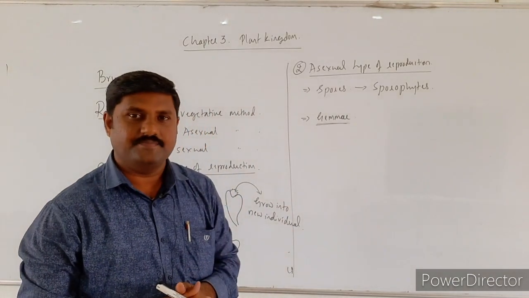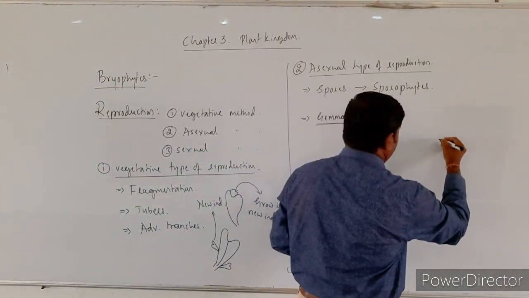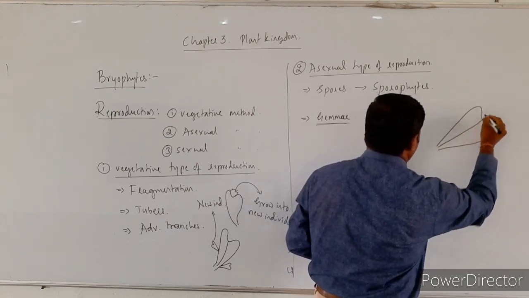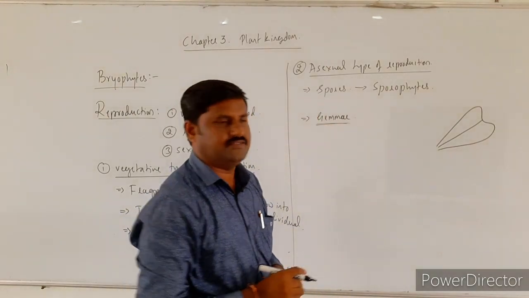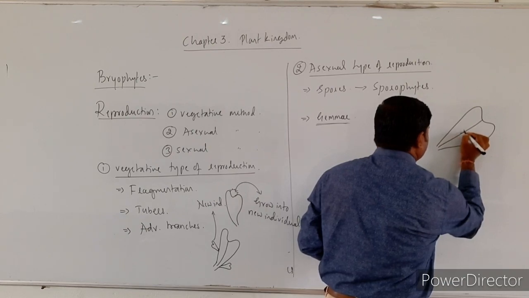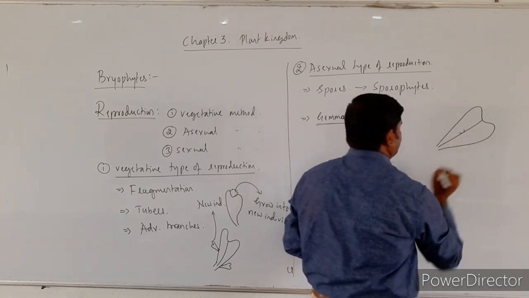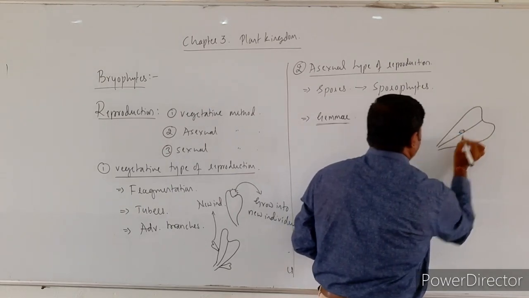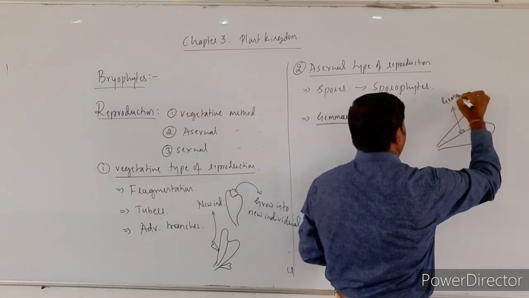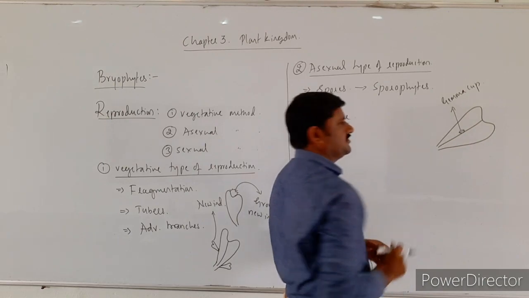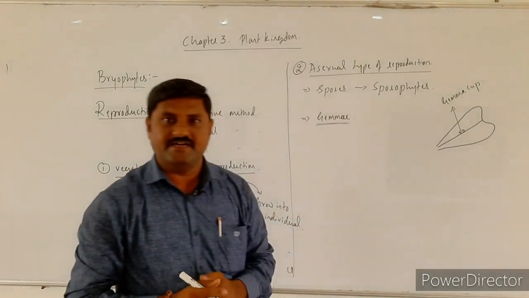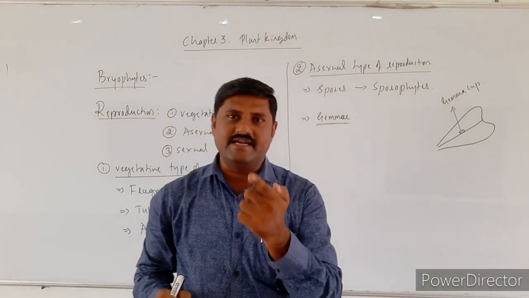Asexual reproduction also takes place by the formation of gametes. You will observe where these gametes are actually formed. This is the dichotomously branched plant body. On this midrib-like structure you will find a cup-shaped structure, which is known as the gemma cup. In this gemma cup you will find very slender structures.